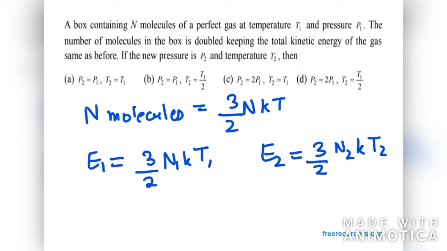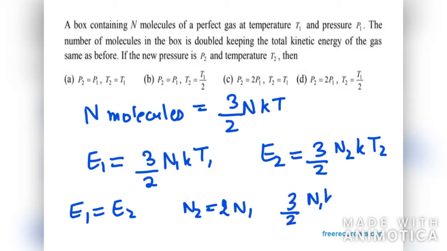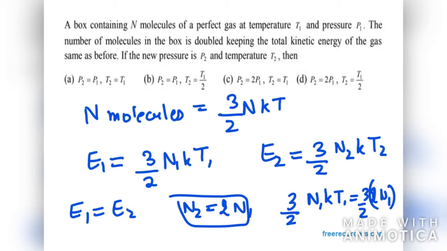According to this problem, E1 is equal to E2, but N2 is equal to twice of N1. So 3 over 2 N1 K T1 equals 3 over 2 N2 K T2, and N2 can be replaced with 2N1. K is the same, so I will cancel it out.